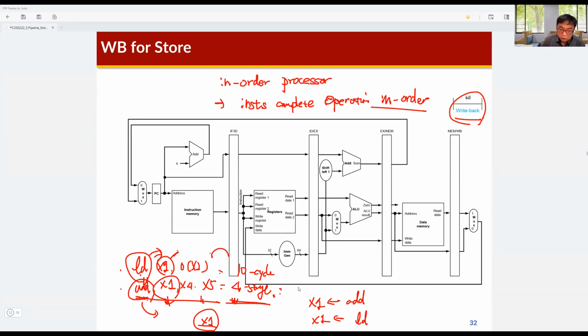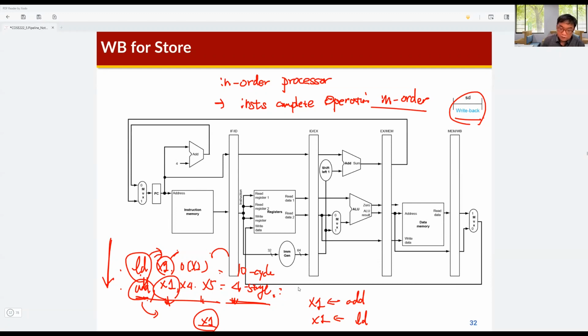Why? The instructions are executed sequentially, so the correct result of these instructions is that the final result of x1 is updated by the add instruction.